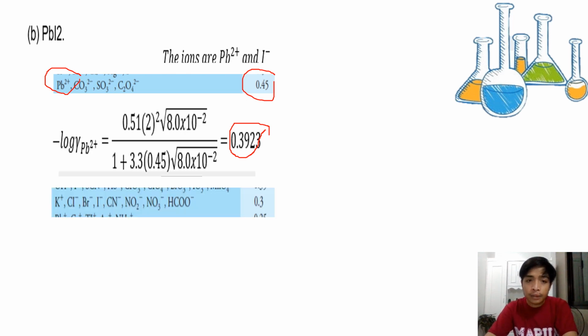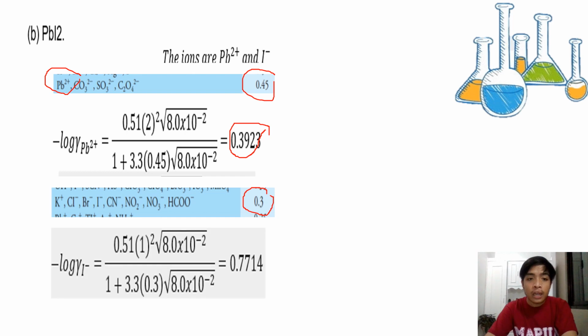For the iodide anion, 0.3 is its effective diameter and its charge is negative 1. So again, substituting it to the Debye-Huckel equation, we'll obtain 0.7714 as the activity coefficient of the iodide anion.